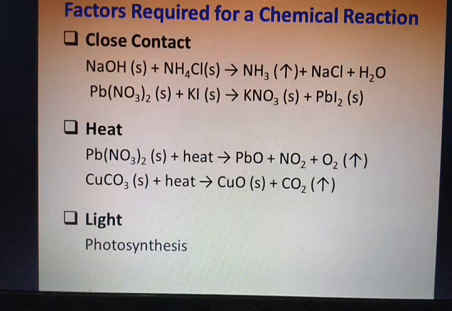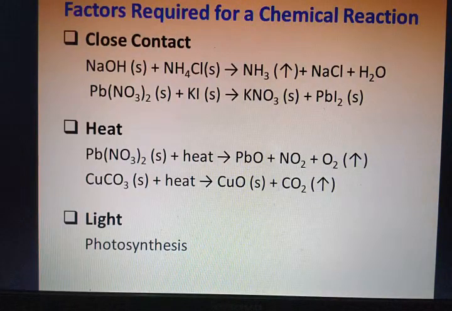Number one is close contact. Close contact is one of the primary factors. If two substances are not mixing with each other, not coming close to each other, how can a reaction take place?